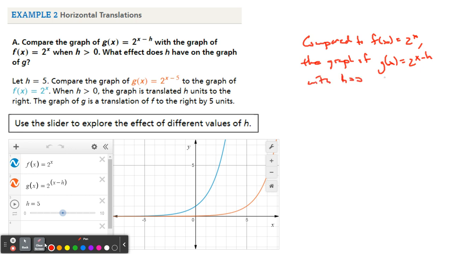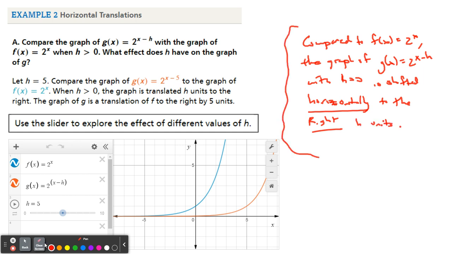Again, when you put a positive h in, it stays a minus h up there. Is shifted or translated horizontally to the right. Horizontally to the right, h units. And there's our big summary statement.